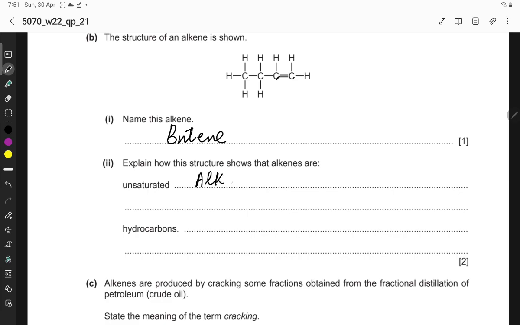Alkenes have a carbon to carbon double bond.